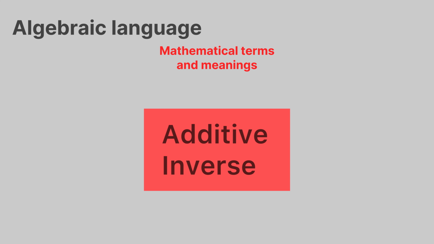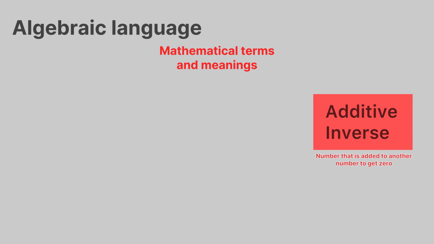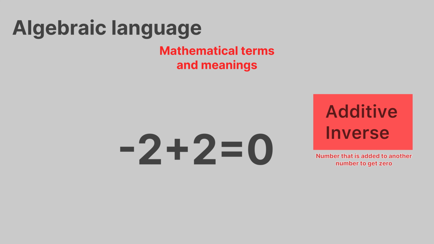Additive inverse. Additive inverse is a number that is added to another number to get an answer of 0. So if I add negative 2 to positive 2, I will get 0. Okay, so negative 2 is an additive inverse because it makes my answer to be 0.